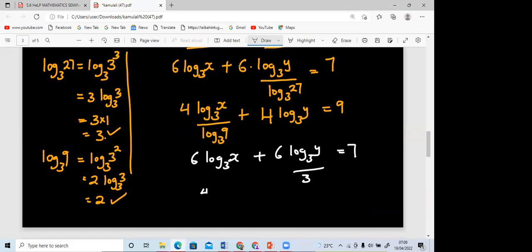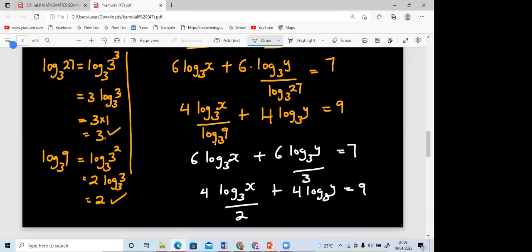Then the second one, we shall have 4 log of 3x over log base 3 of 9, which is the same as 2, then plus 4 log of 3y is equal to 9. What are you noticing?